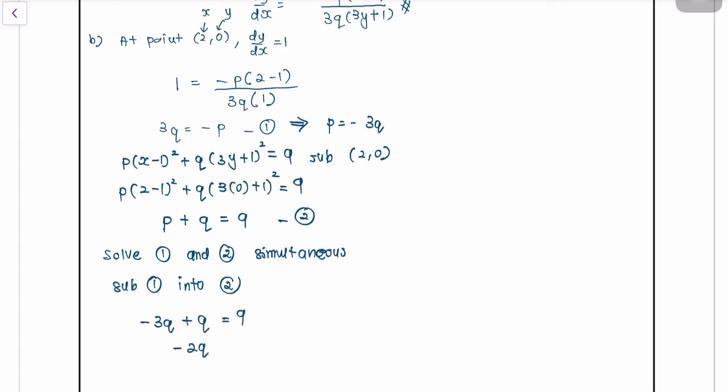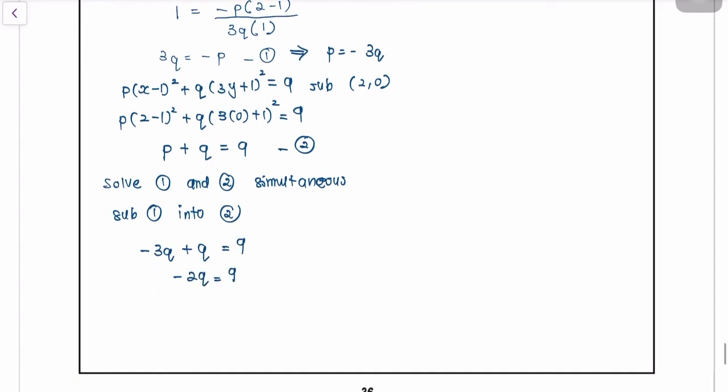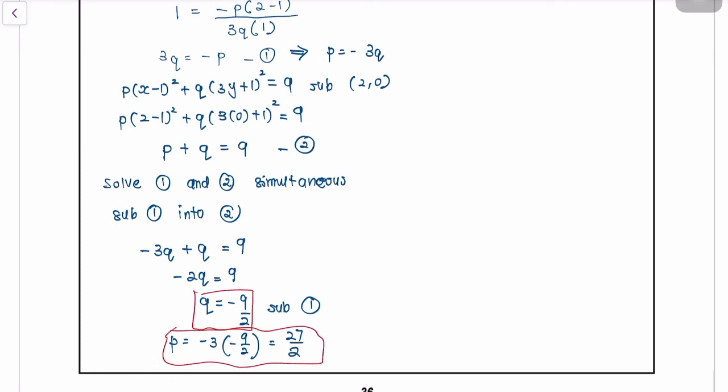Negative 2q equals to 9. So q equals to negative 9 over 2. Then sub into 1. So we'll get p equals to negative 3 times negative 9 over 2. So p equals to 27 over 2. So kita dah dapat p and q, this one.